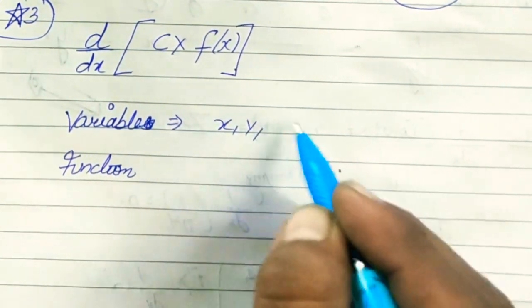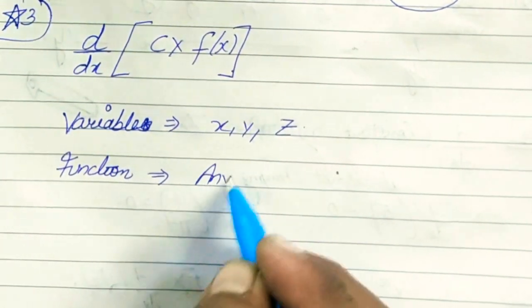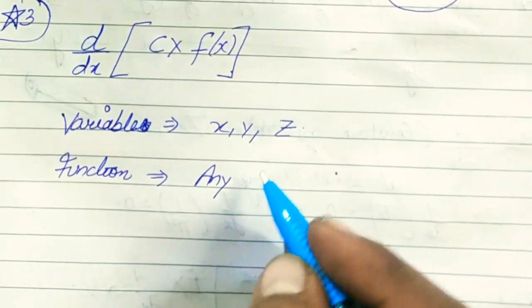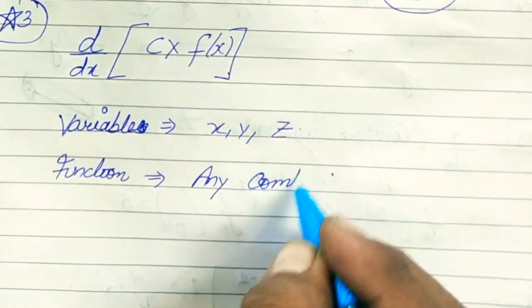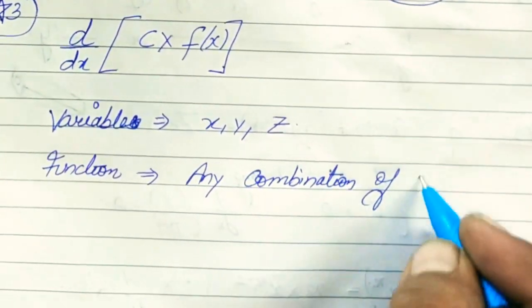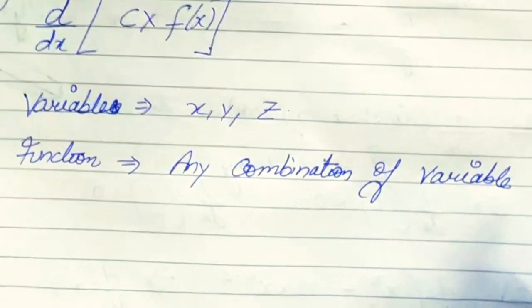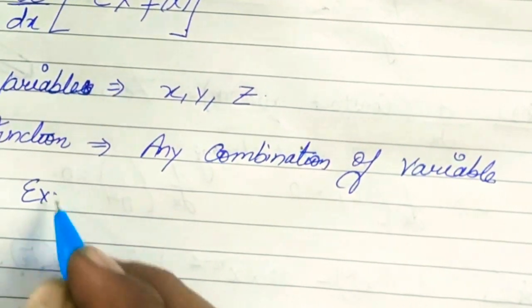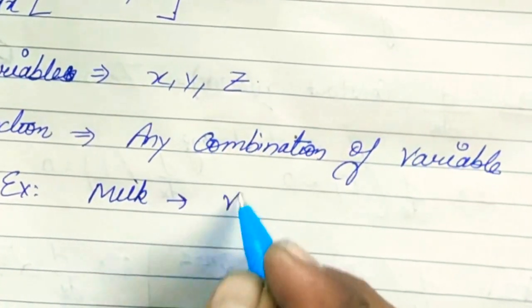x, y, z, any quantity. Now, what is a function? Anything that can be made from the variable, any combination of variable is called a function. For example, let's say milk. Milk is a variable.